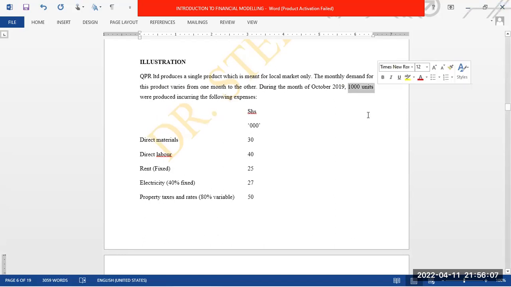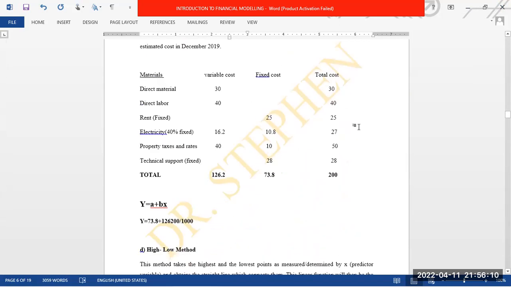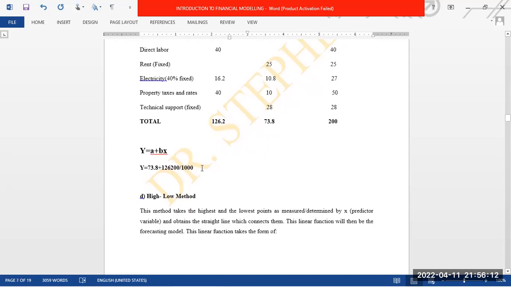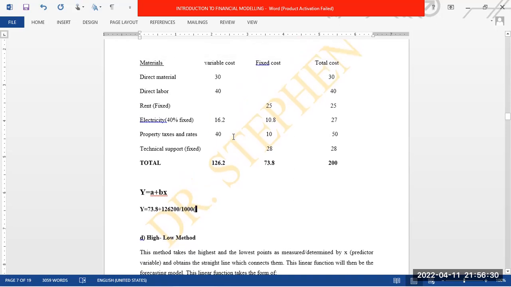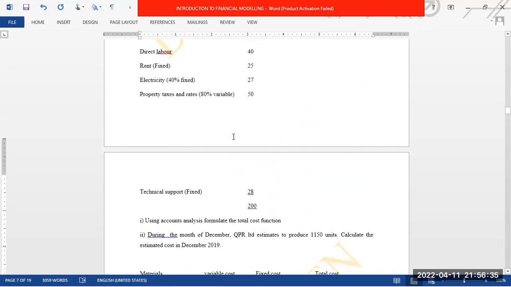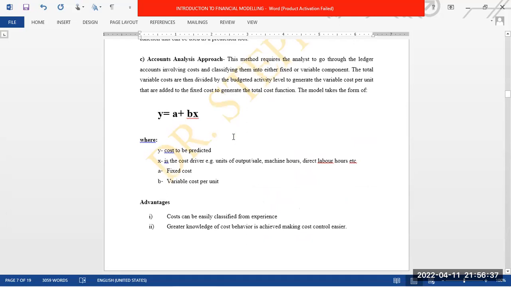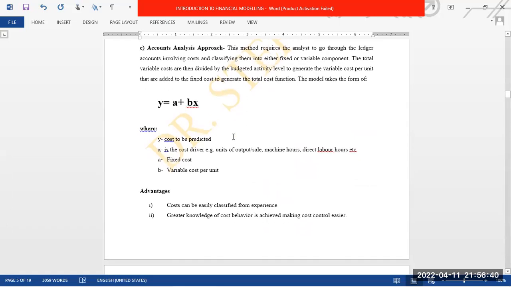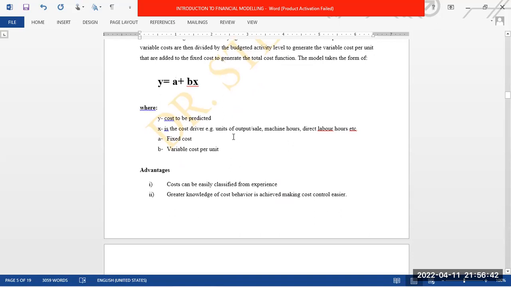You're supposed to divide it per unit, so you divide by 1000, then plus, in bracket, you're supposed to multiply everything by x. What does x symbolize? X symbolizes the independent variable, and you can see it here.